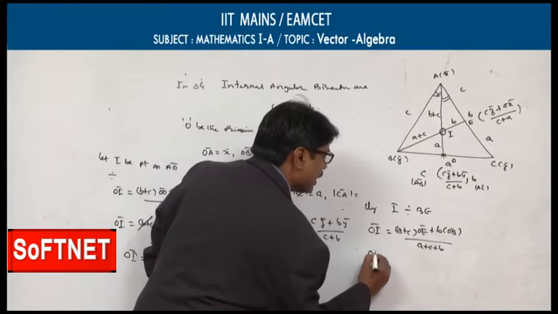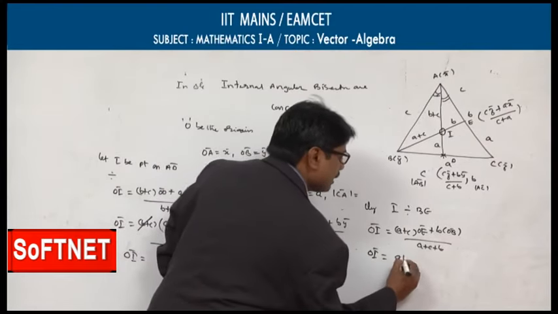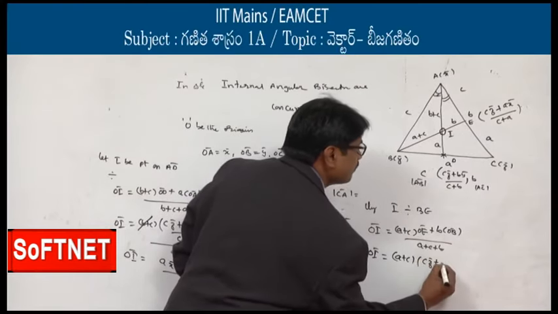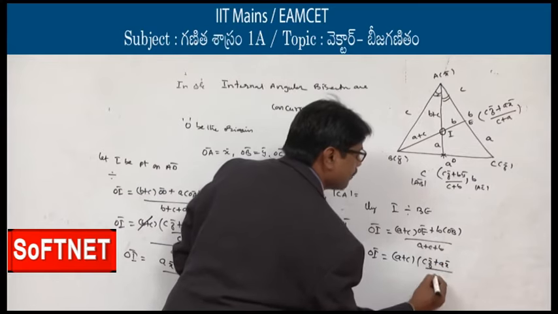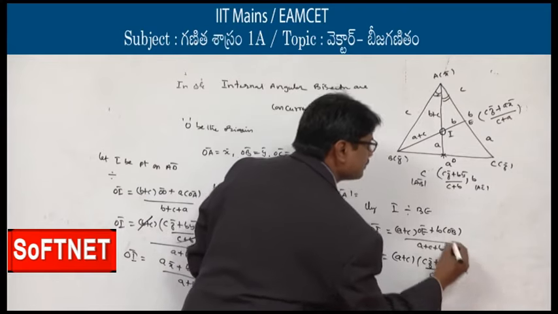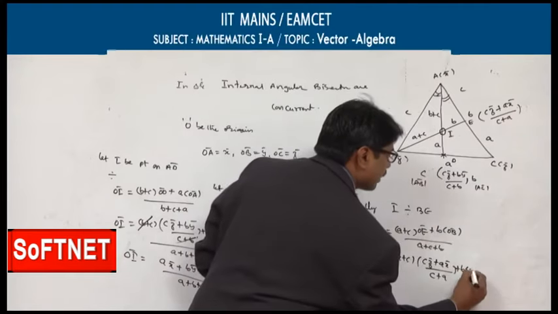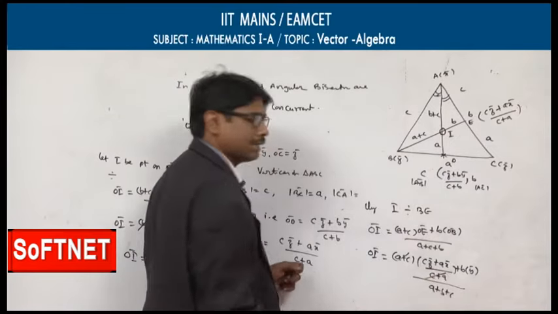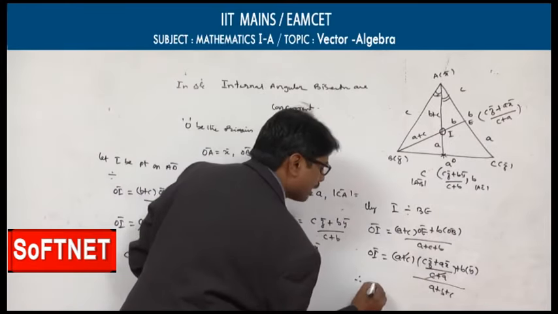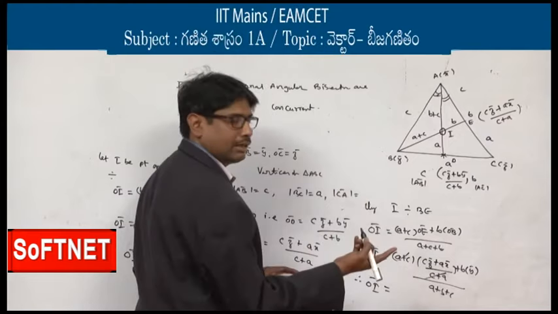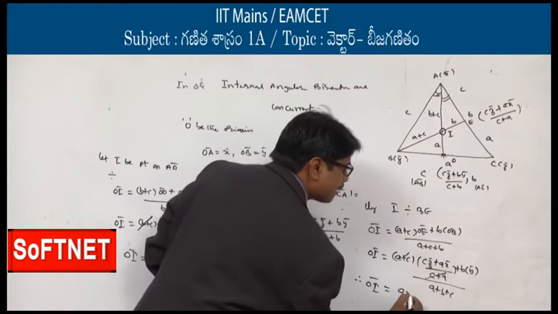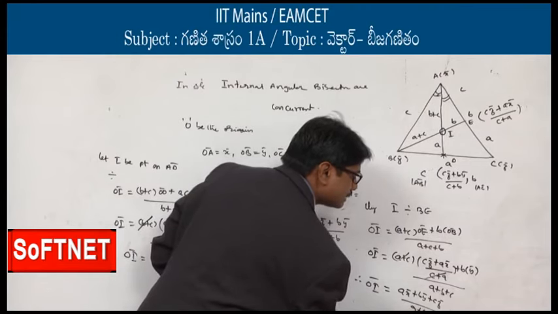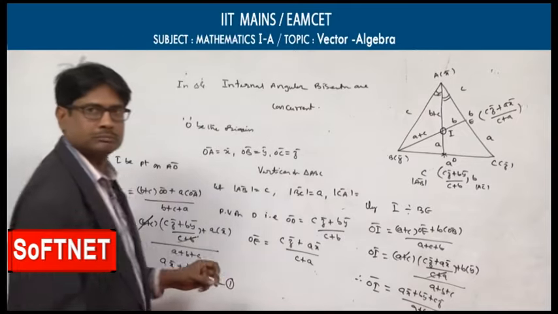OI bar is equal to A plus C times OE bar, where OE bar is CZ bar plus AX bar divided by C plus A, plus B times Y bar, all divided by A plus B plus C. C plus A cancels. Therefore, OI bar with respect to the second internal angular bisector is AX bar plus BY bar plus CZ bar divided by A plus B plus C. Name it as number 2.